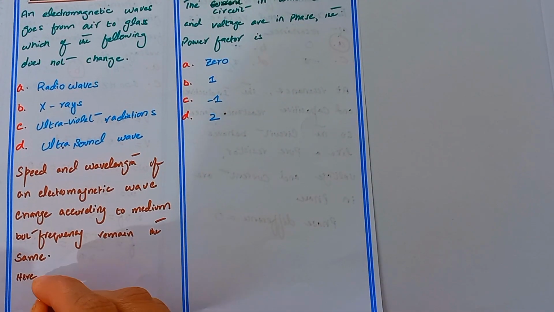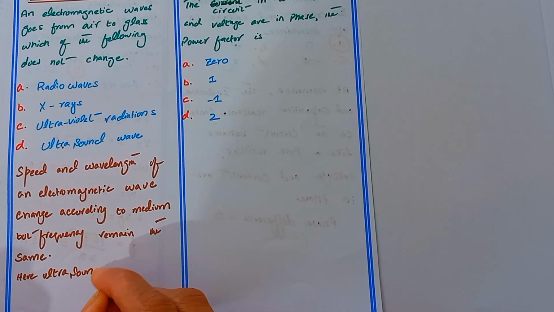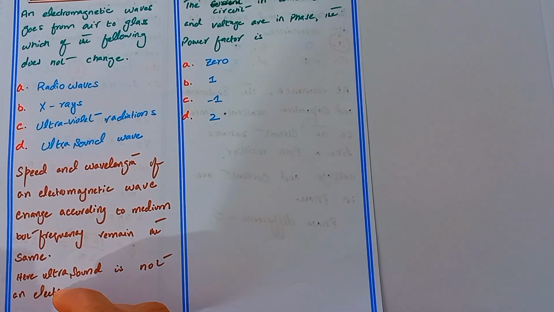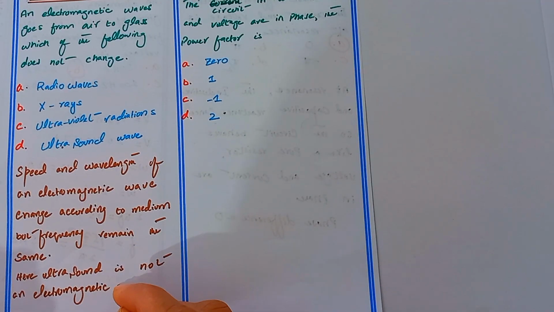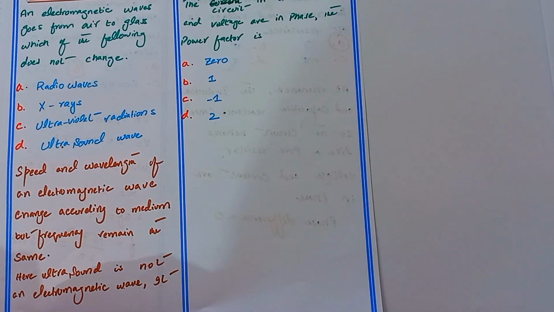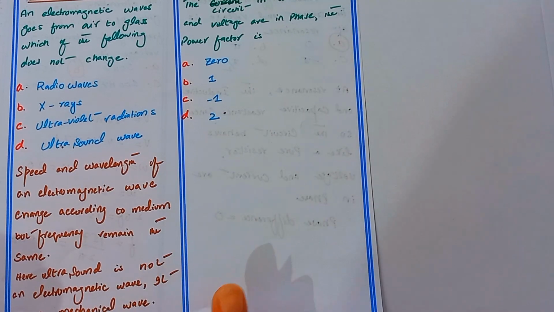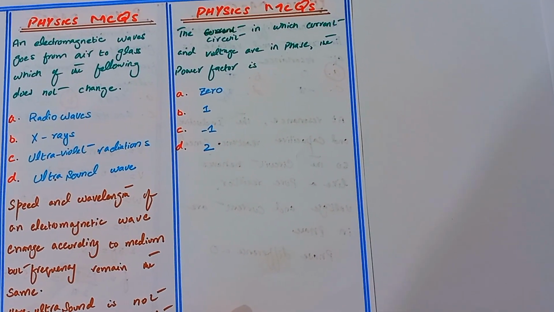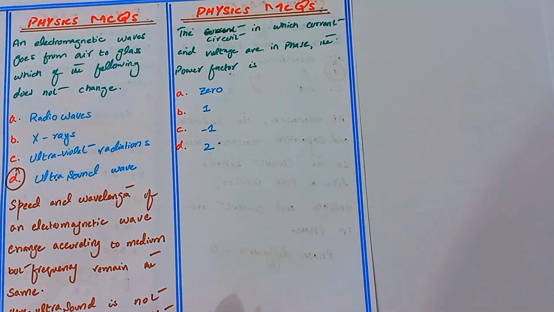Here, ultrasound is not an electromagnetic wave, it is a mechanical wave. So here is option D, which does not change because it is not an electromagnetic wave.